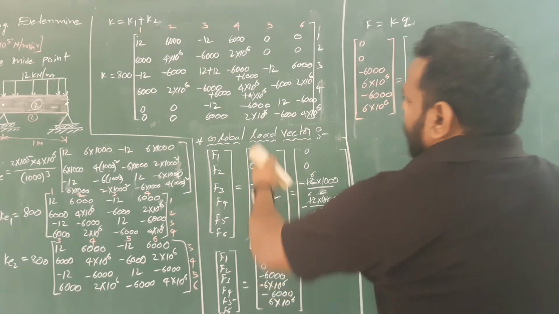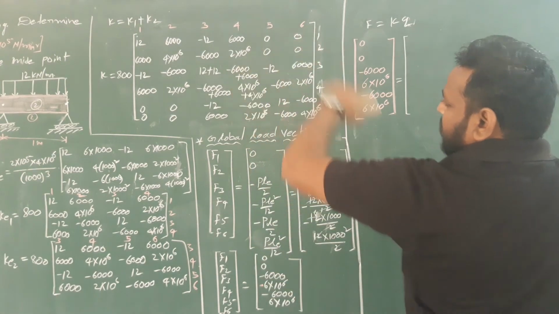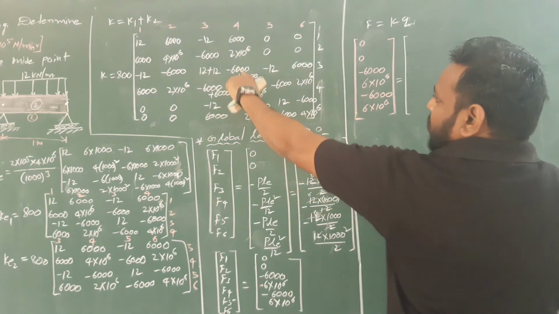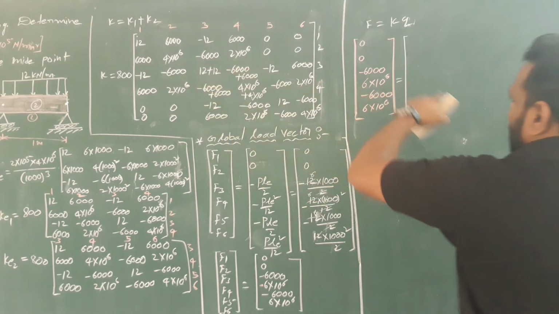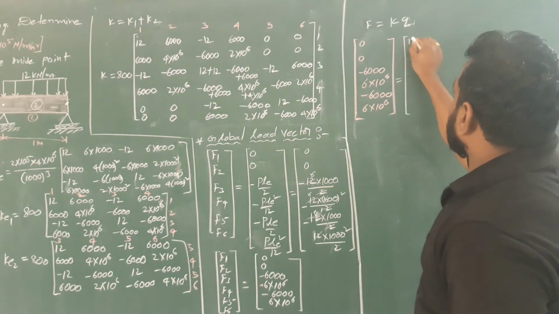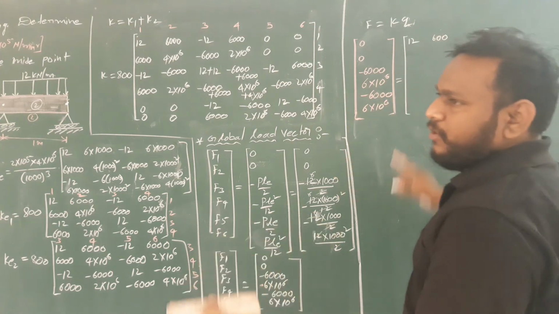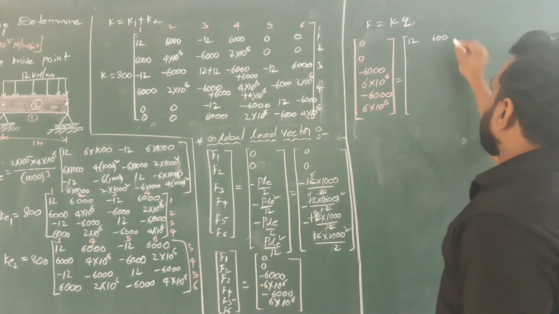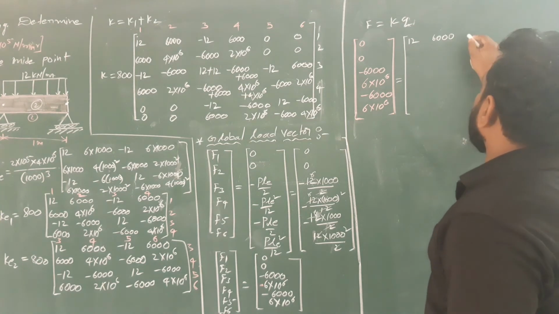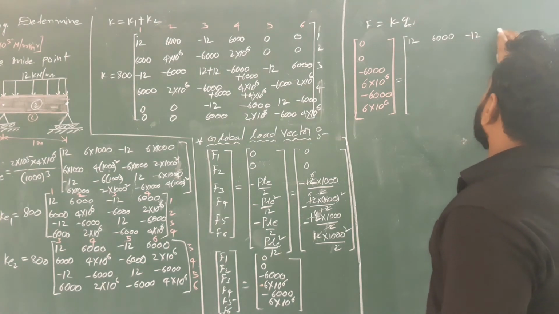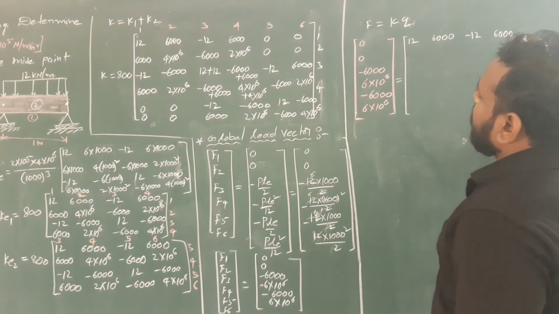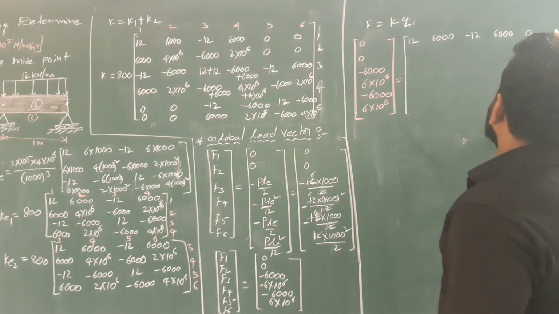So already I have told you that in next step I will add all those things. Okay. So here I will add. So 12 and 6 and 6000 because I want to minimize the number of steps. That's why I am taking here minus 12. 6000 and 0, and this also 0.